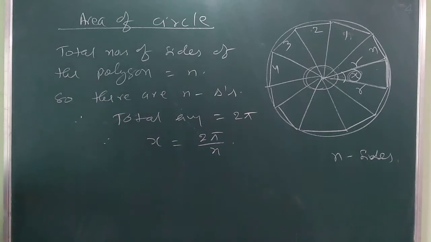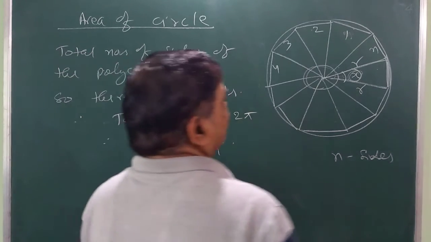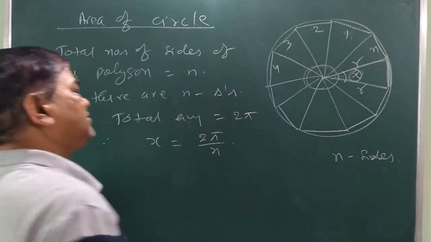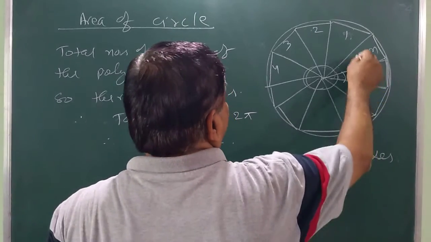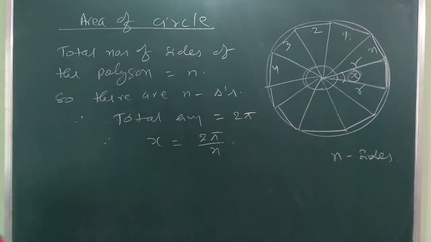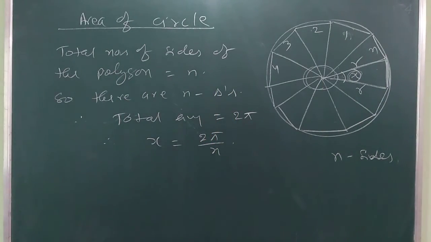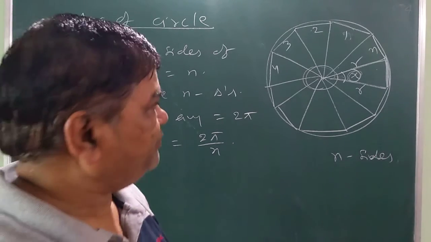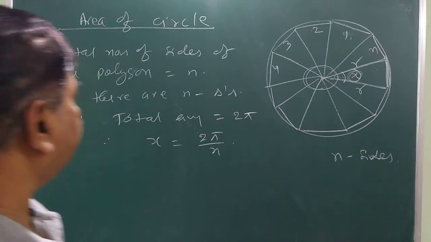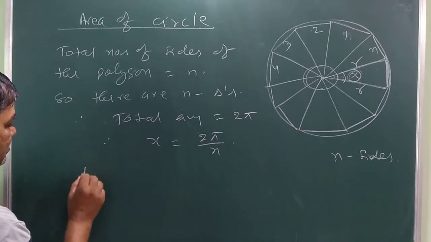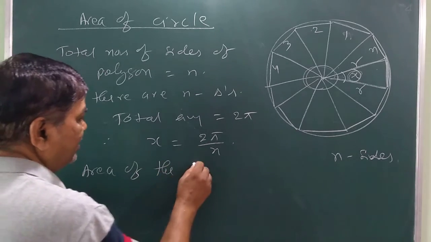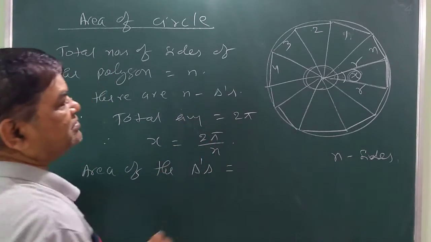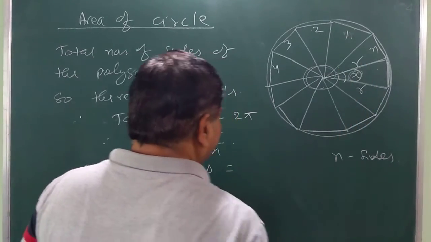So what is the area of these triangles? So area of one triangle is what?